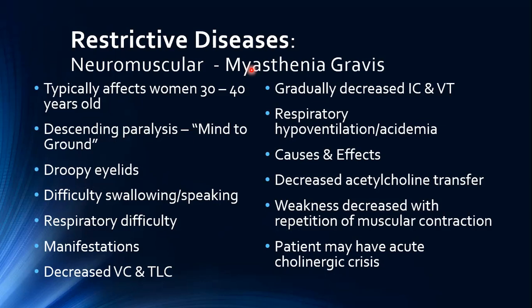You can just say it out loud if anybody's on here that knows. Think about the drugs that we give. Think about the drugs that block acetylcholine. What respiratory medicine that we give blocks acetylcholine? All right, nobody knows?